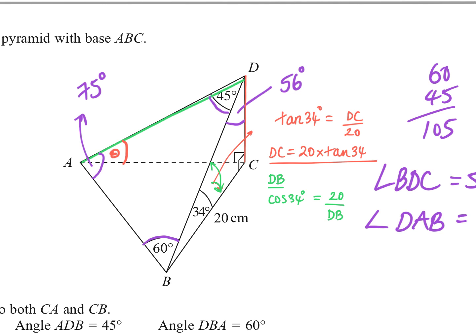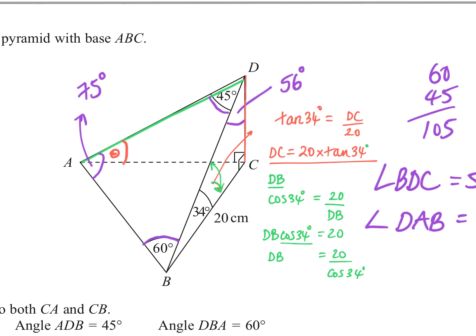So if we rearrange that, we can times both sides by DB, and that will give us DB cos 34 is 20, and then divide both sides by cos 34. So DB is 20 over cos 34. I don't have to keep writing the degree sign in. In fact, I missed it there.